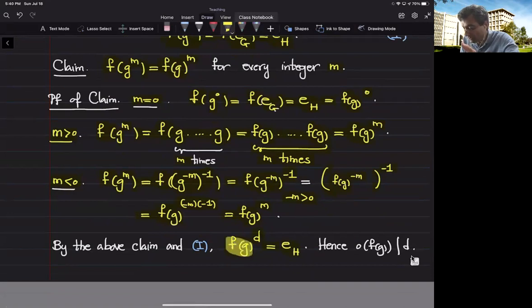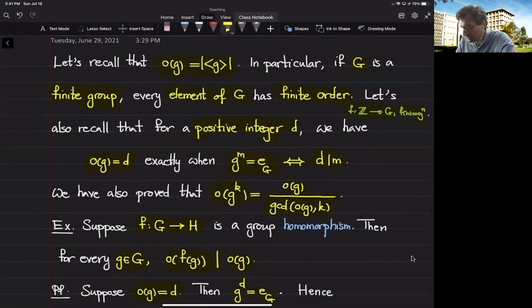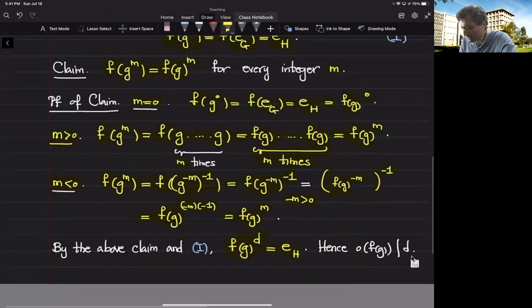That means the order of this element should divide d. Remember, order had this property that order of g divides m if and only if g raised to that number is the neutral element. Now f of g raised to power d is the neutral element, therefore the order of this element should divide d.